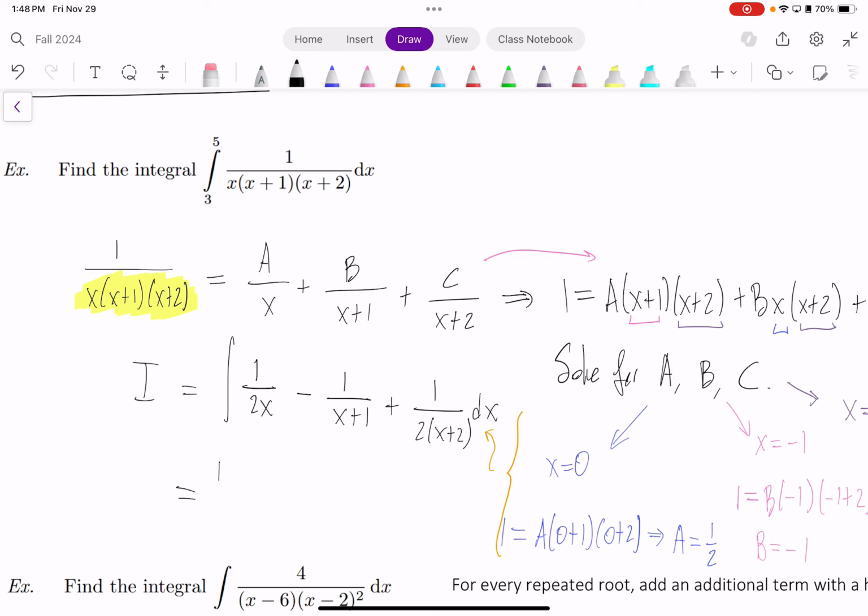Then we can just use our logarithm rules. We'll get 1/2 of ln of the absolute value of x, minus the ln of x plus 1, plus 1/2 times the ln of x plus 2, plus c. And that's going to be our final answer.